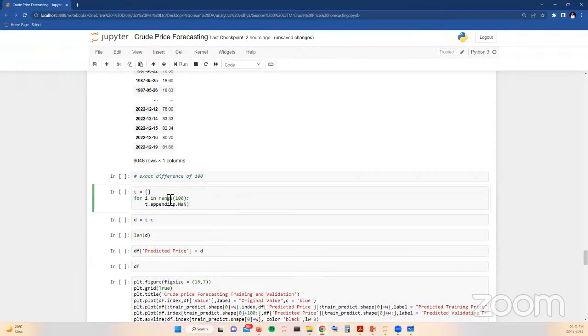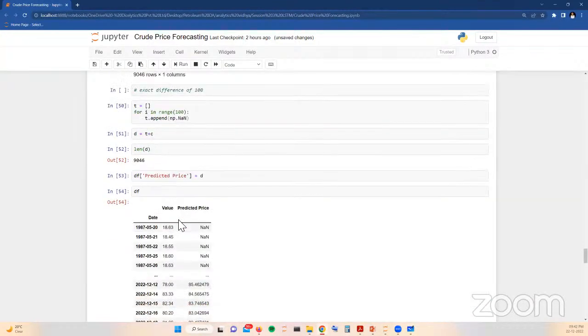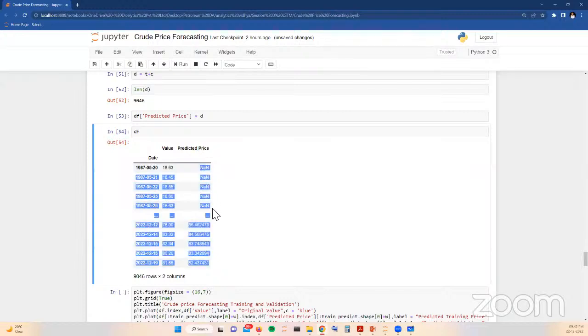I've made this data frame by using simple pandas and Python logic, nothing else. It will have the original values and the predicted price. And as I said, the first 100 values will be NaN because there is no way of getting predictions for them.